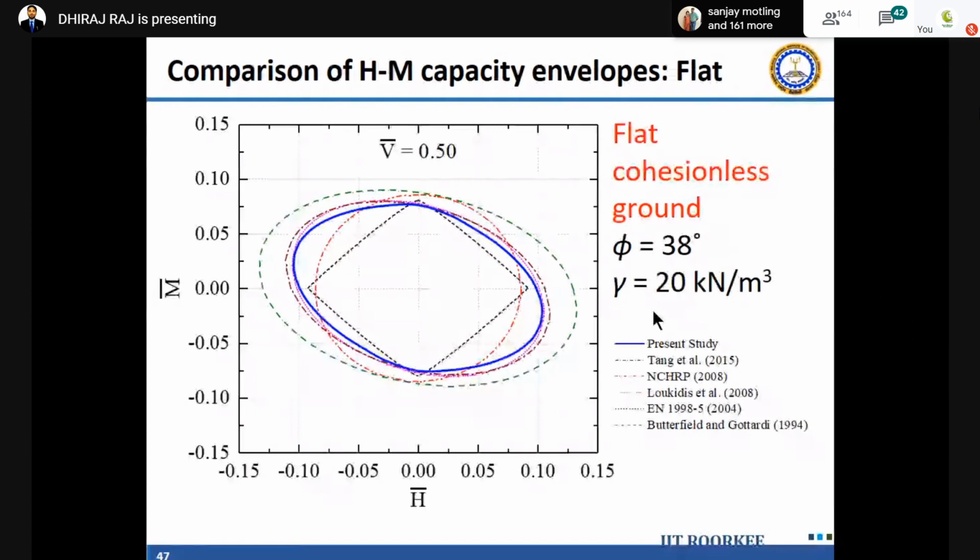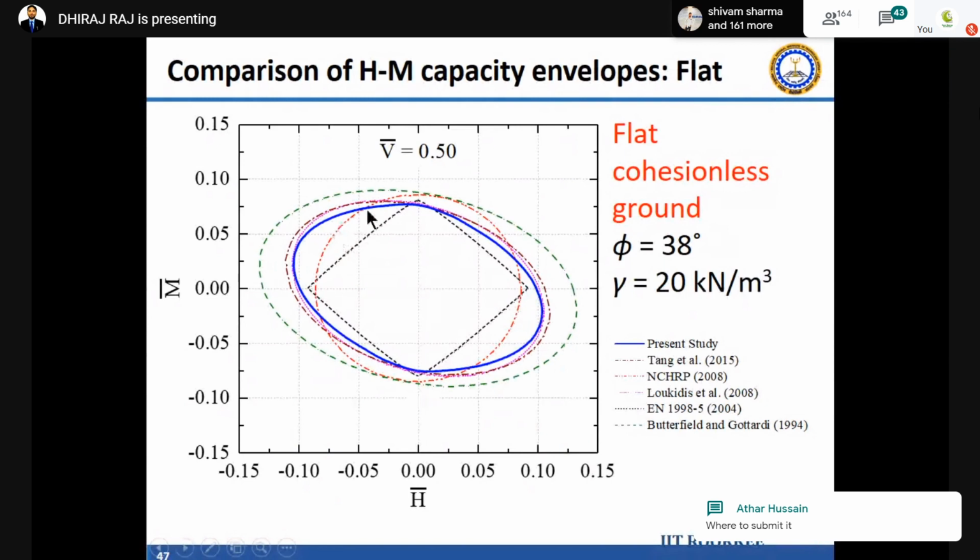Okay, and in the HM plane, you can see that this rectangular shape is because of Eurocode. And the NCHRP is above that. This red line is NCHRP, which is somewhat circular.